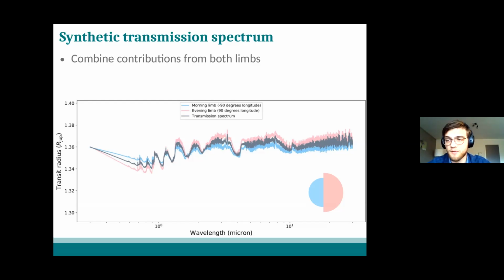I do not take it into account. It's really a spherical model, and I'm really not sure what effect it would have if you have a deformation, because indeed these planets are quite close to their star, so you could expect some tidal deformation. On the other hand, they are synchronized as well.